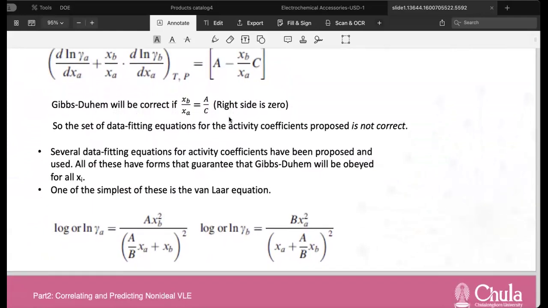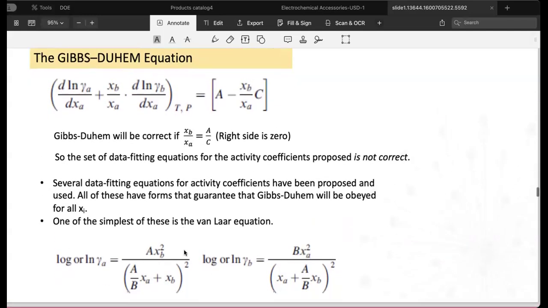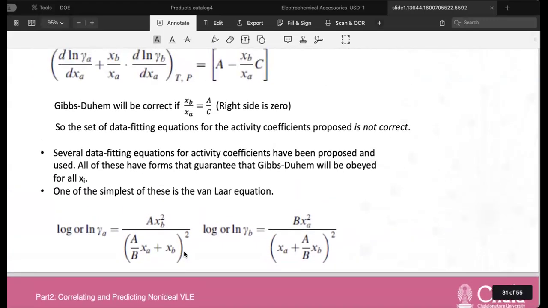Which configuration of the activity coefficient model can be used then? Linear cannot be used. The simplest one is the Van Laar equation. You can try this equation in the Gibbs-Duhem equation, and you see that this one perfectly follows the Gibbs-Duhem equation.